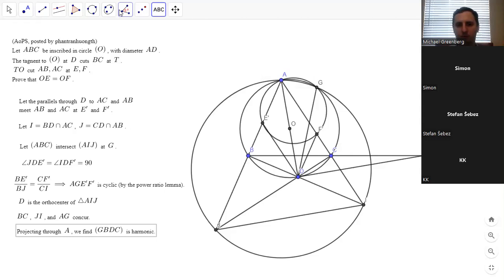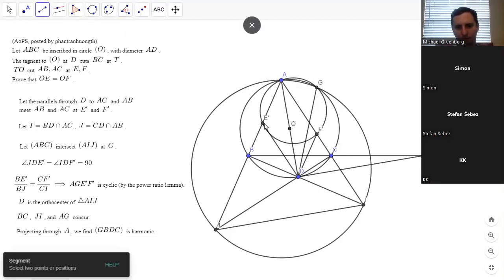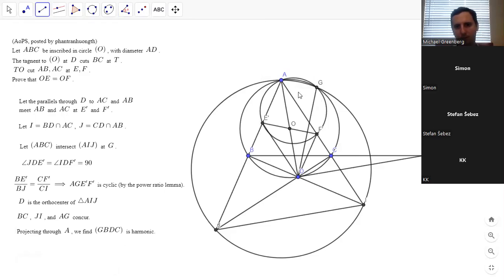Okay. And then once we prove that, how would we solve it? Obviously, E prime, O, and F prime are collinear, and hence, because AG is perpendicular to DG, then E prime F prime is also perpendicular, and that's it.